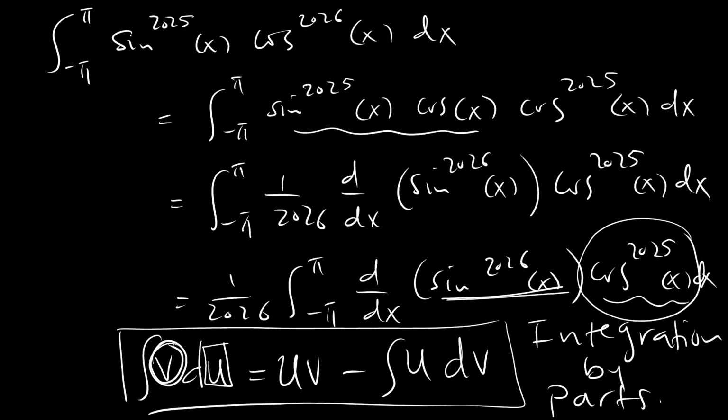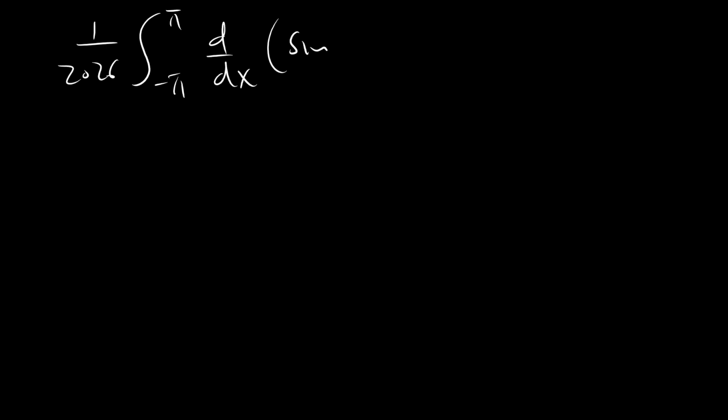So v is cosine of x to the power 2025, and then u is sine of x to the power 2026. Okay, so our problem is 1 over 2026 times the integral of d of sine to the power 2026 of x times cosine to the power 2025 of x.